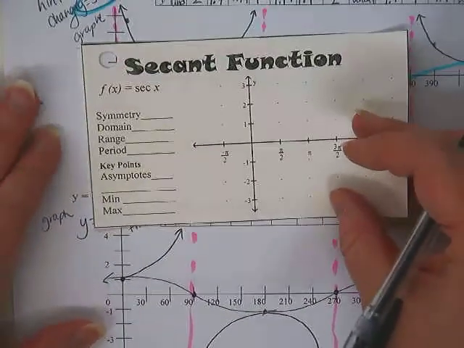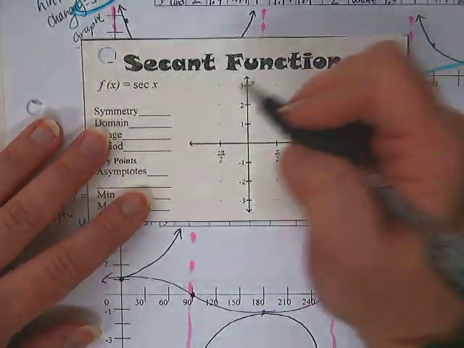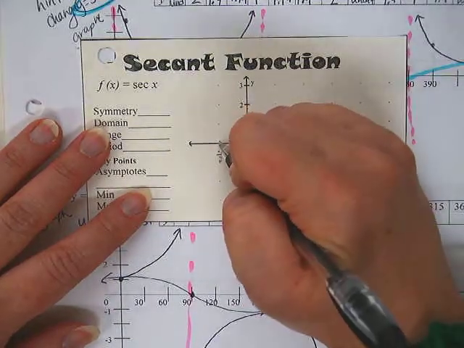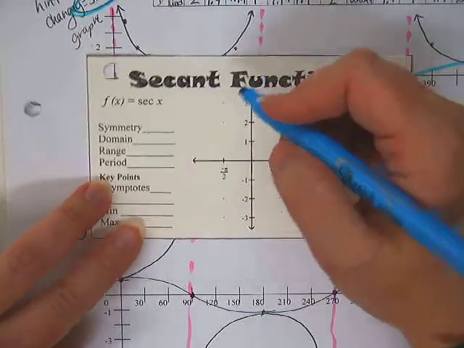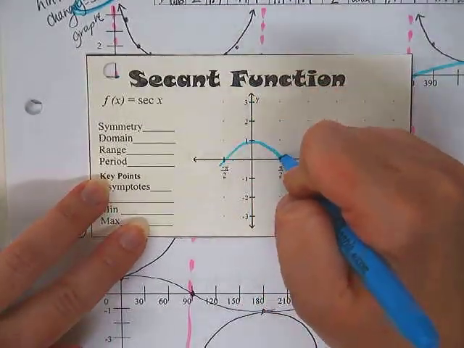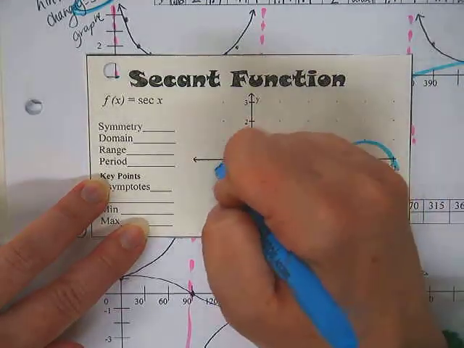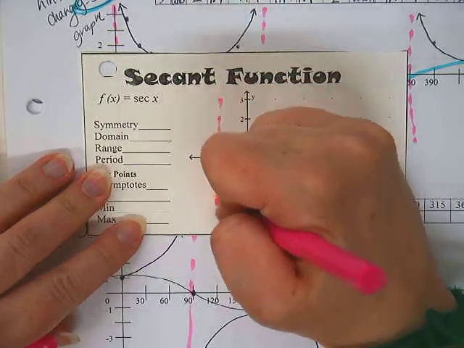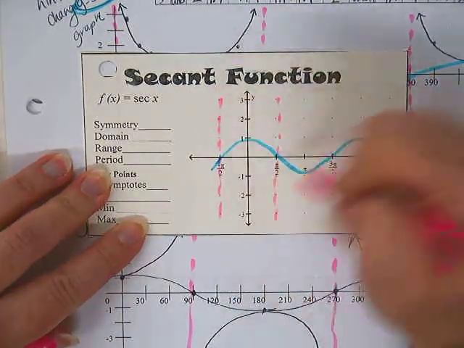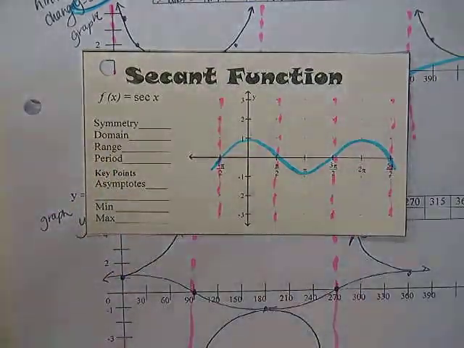Okay, so now going to our card, let's get this important information here. Again, I'm just going to throw the graph on there that I just barely created. Maybe I'll do it in blue. So our asymptotes are at pi-half intervals instead of pi intervals.